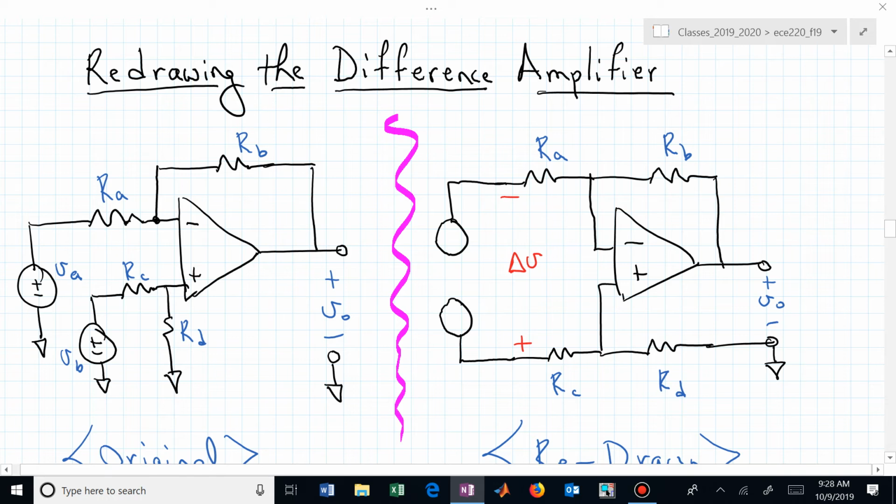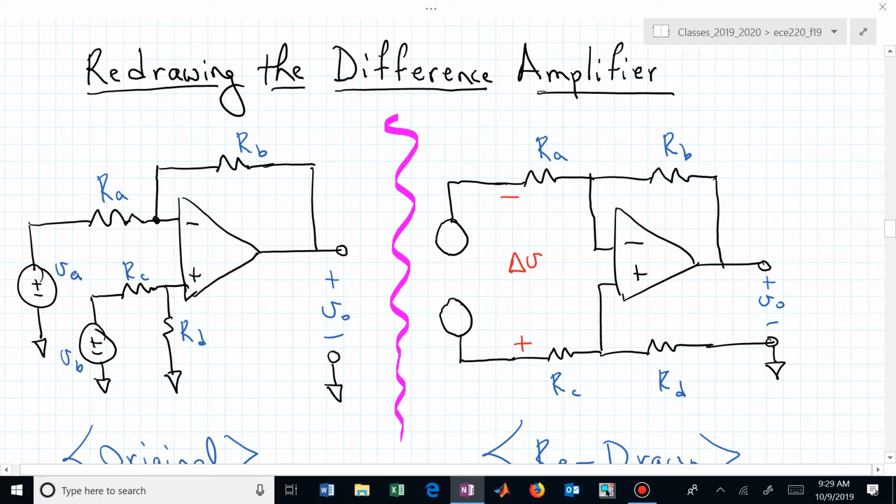Now what I want to do is try to help you understand that we can draw this difference amp to look more like what's on the right. The right maybe looks more symmetrical. Now we have a couple of resistors on top, a couple of resistors down below, but they are interconnected a little differently. R sub B goes to the positive side of the output voltage. R sub D goes to the common reference.